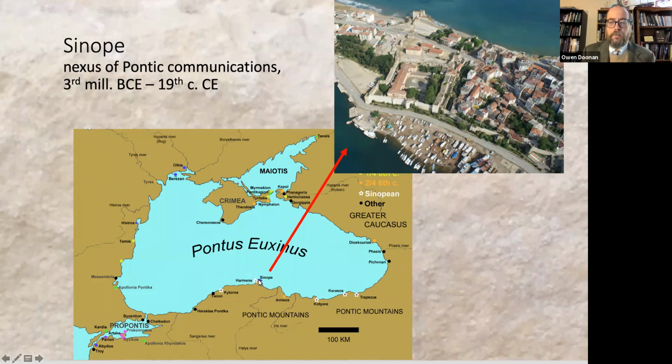It is located not only at the midpoint of the south coast, but also at the point which is most propitious for especially north to south travel across the middle of the Black Sea.